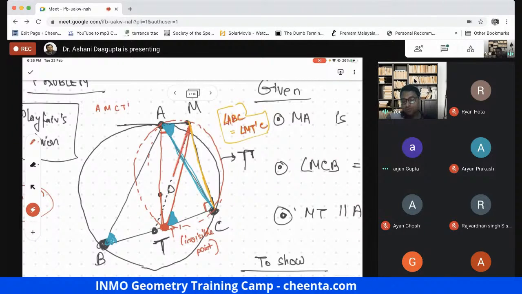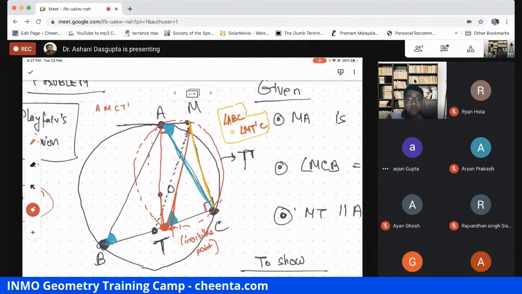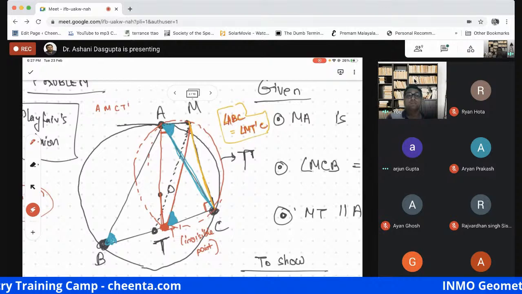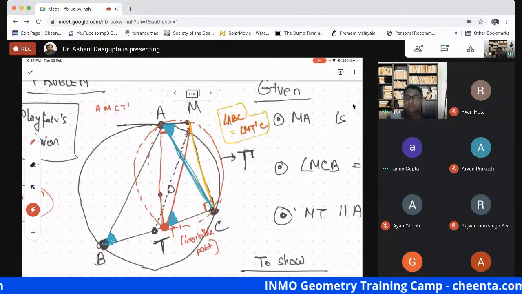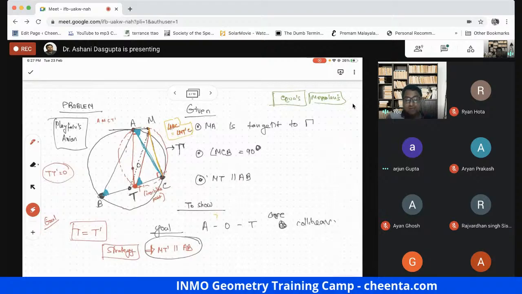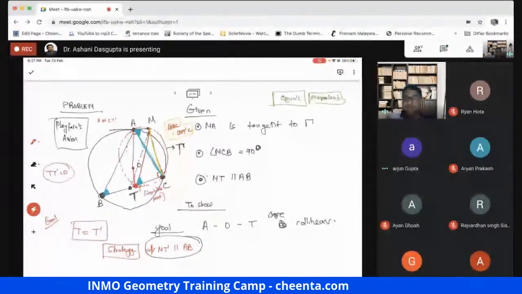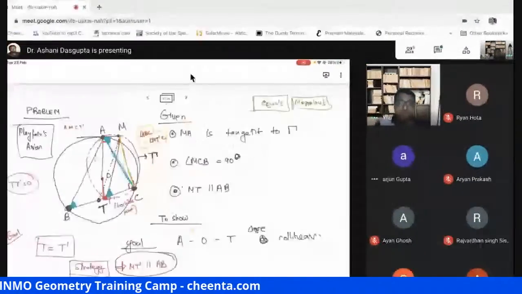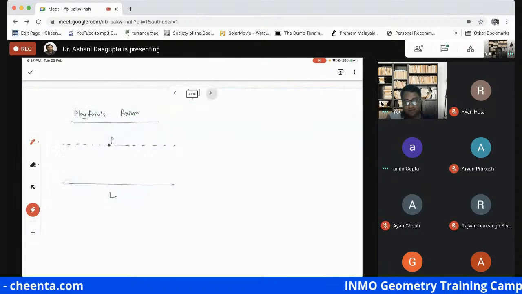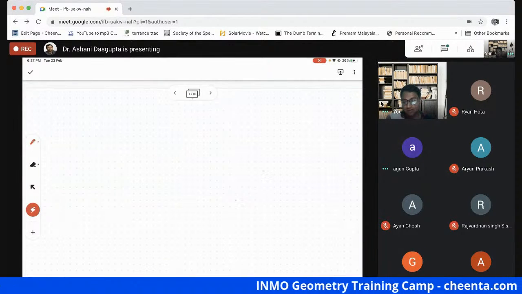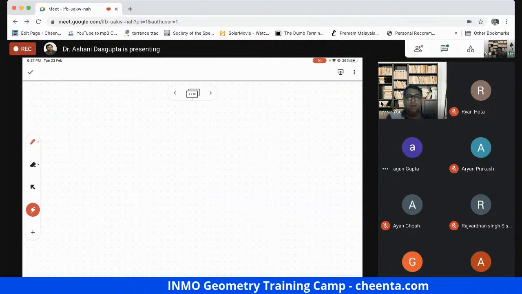And T and T prime cannot be different because they lie on the same straight line, as Arjun points out. Okay, so this is nice. This strategy is sometimes very useful.